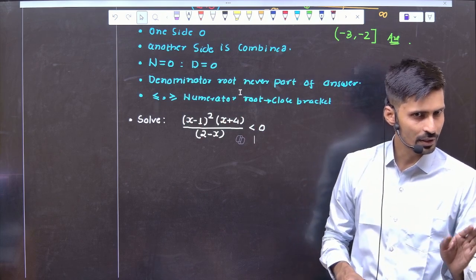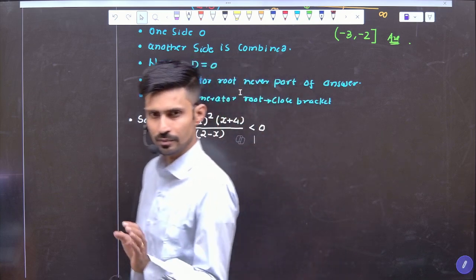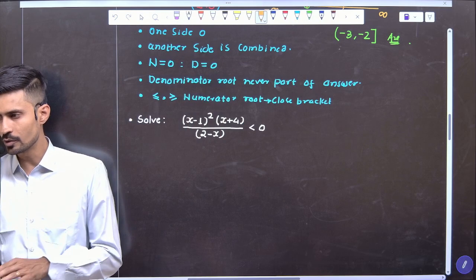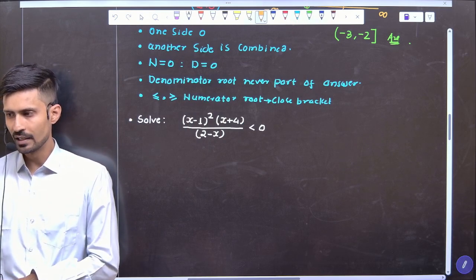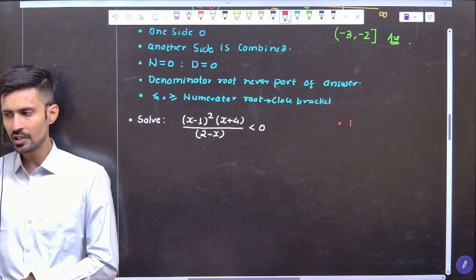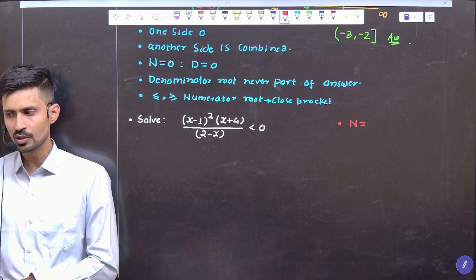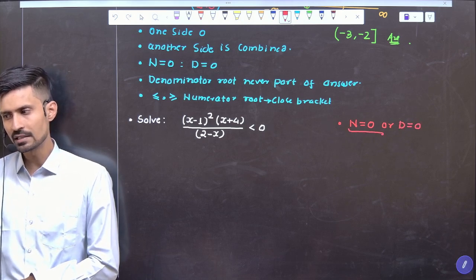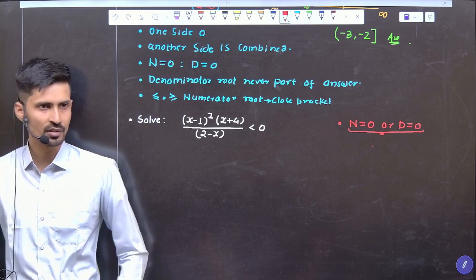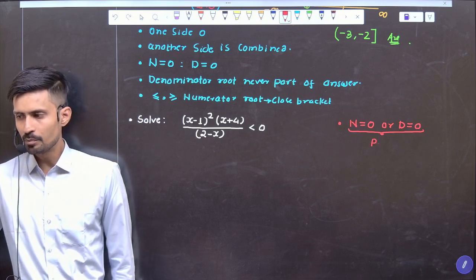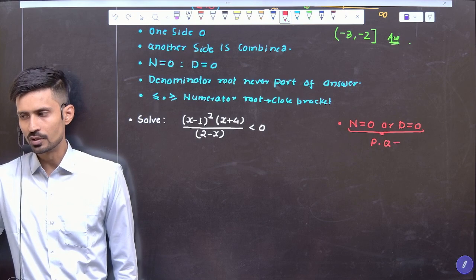Now, maybe some students won't know this concept, so I'm going to write this concept here. If you don't know, always remember this. Whenever you are solving numerator equals to 0 or denominator equals to 0, you will get P into Q equals to 0.